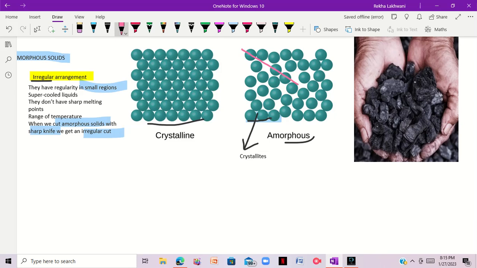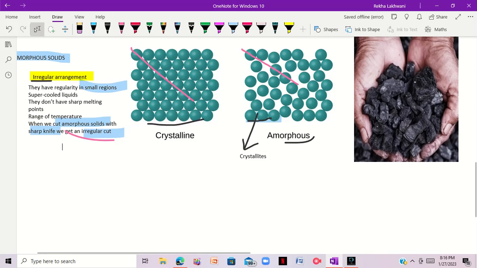As you can see, there's no regular arrangement; the particles are arranged irregularly. But if I cut this crystalline solid, there is a regular arrangement, they make symmetry, whereas this is not making symmetry. So it means there is an irregular cut.